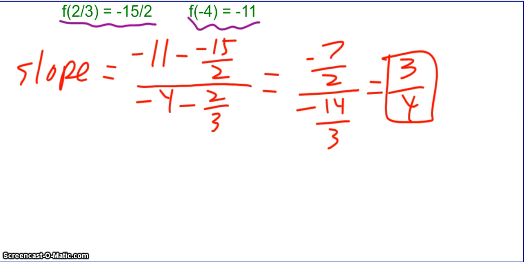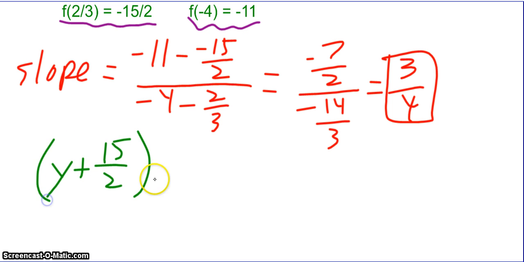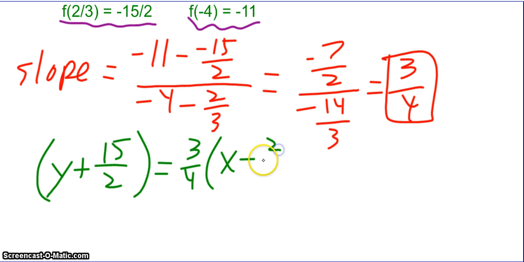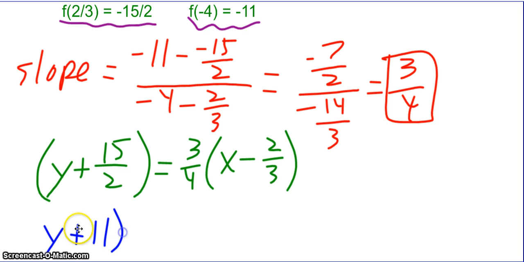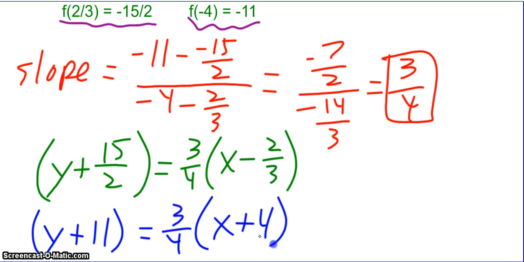So there are actually two different correct ways in which I could write the answer to this problem. I could say y plus 15 halves equals 3/4 times x minus 2/3, or I could say y plus 11 equals 3/4 times x plus 4.